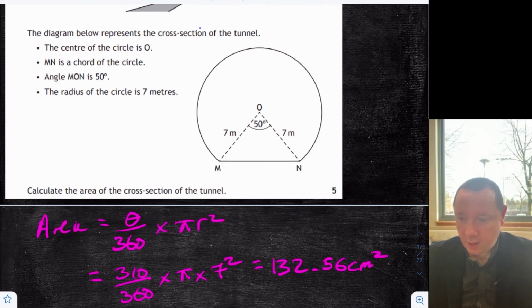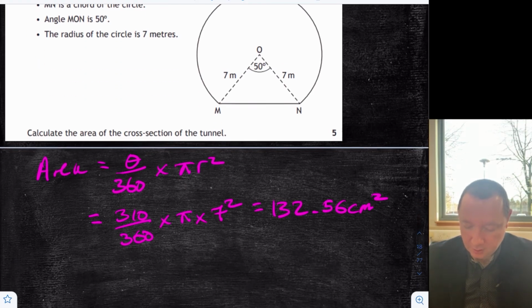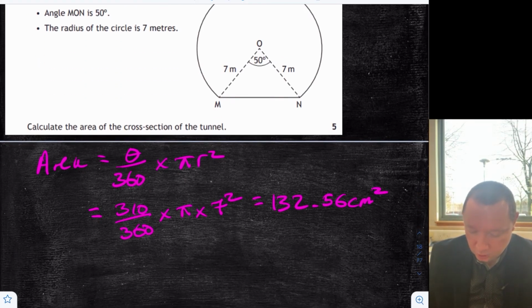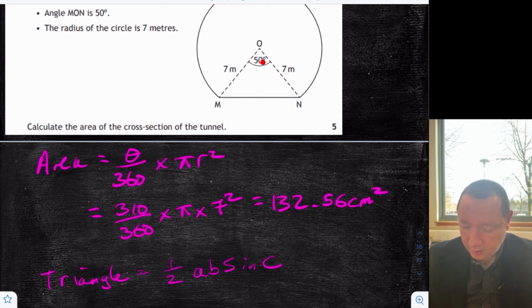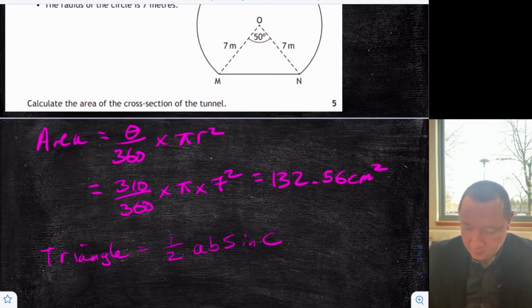So our triangle bit is a half ab sine C. For the triangle, I'm using the start of the formula sheet, a half ab sine C, where C is the angle and a and b are the lengths either side of the angle. So it is 0.5 times 7 again, times the sine of 50.